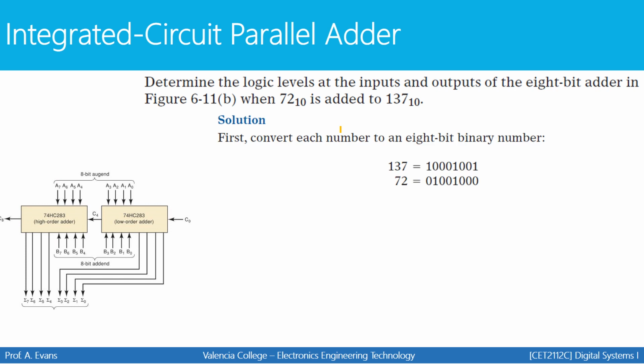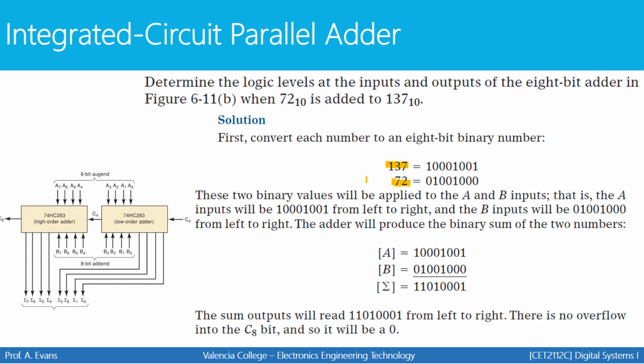First thing you're going to need to do is convert each number into binary. So 137 would come out to be 10001001. The number 72 would come out to be 01001000. Now you can call this input A or B. It doesn't matter. One of these is input A, the other is input B. So we're going to consider 137 to be input A.